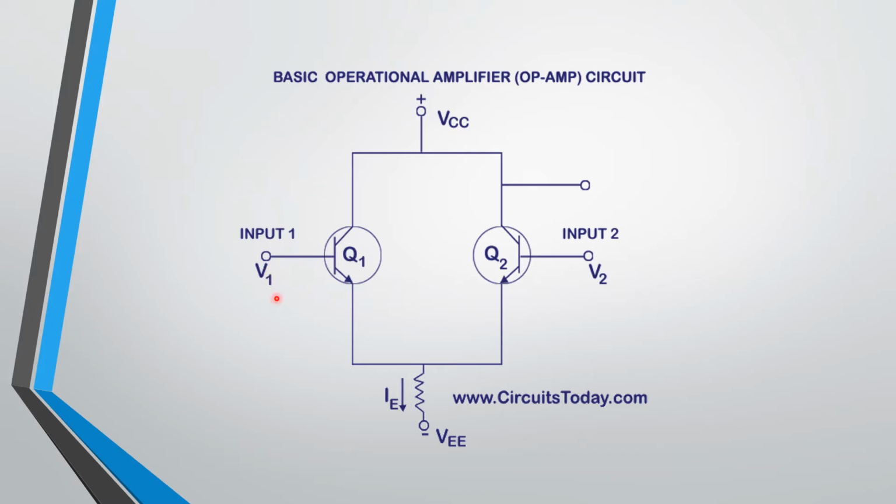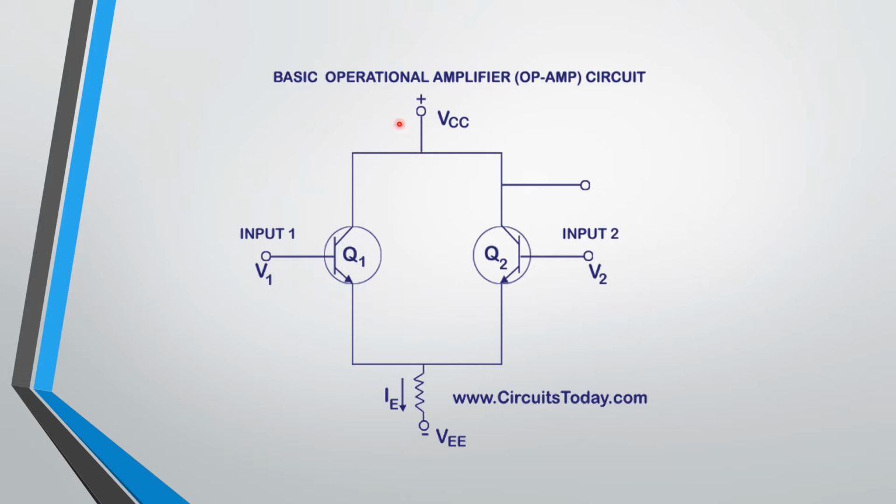At the output, we can obtain positive as well as negative polarities. This dual power supply provides this plus VCC and minus VCC. Dual power supply provides the stability of operating point against temperature.